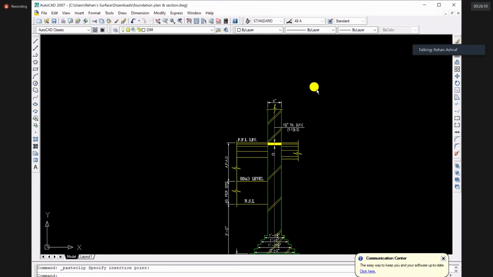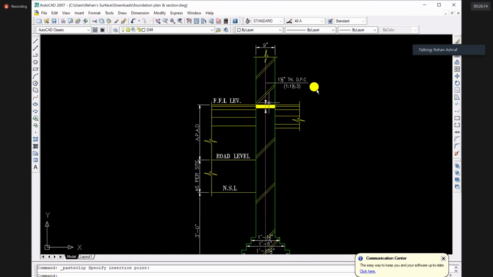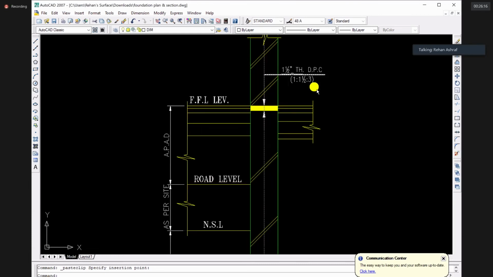You have studied what is DPC in your theory classes. DPC 1.5 inches thick, PCC 1:1.5:3, or rich cement concrete, can be taken as damp proof course. In addition to this, you should provide 2 coats of hot bitumen layer and a layer of good quality polythene sheet, right?